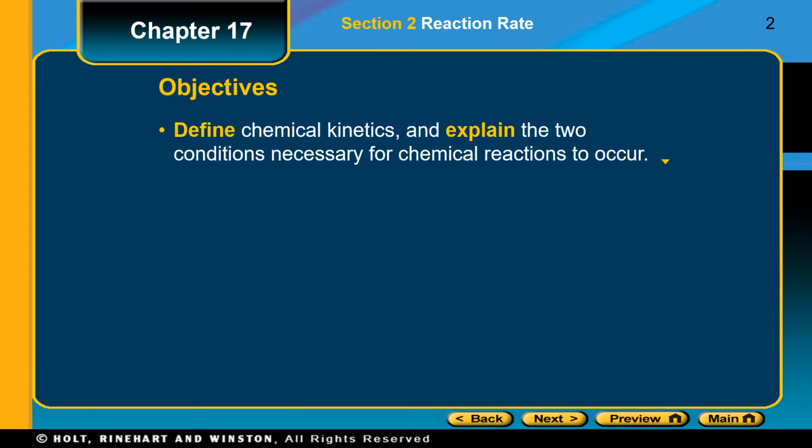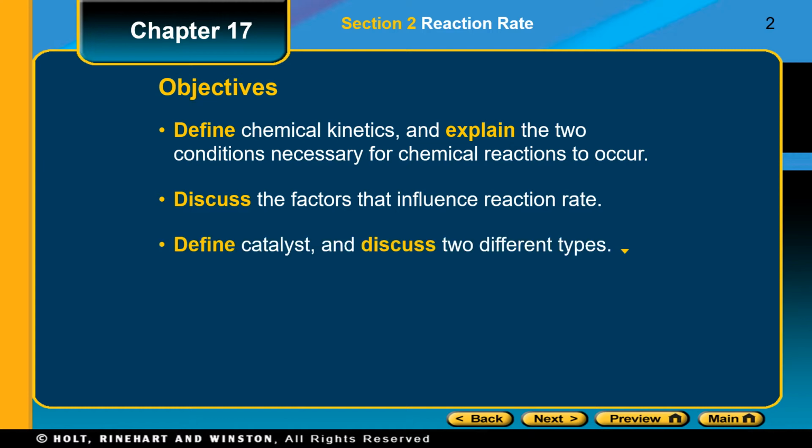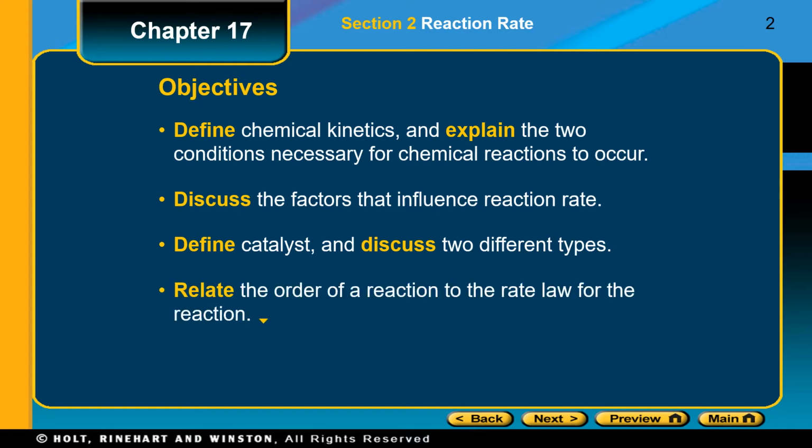Now, in this section we want to define chemical kinetics, and then we're going to explain two conditions necessary for chemical reactions to occur, and then we're going to discuss the factors that influence the rate of chemical reactions. We're also going to learn what a catalyst is and discuss two different types of catalysts.